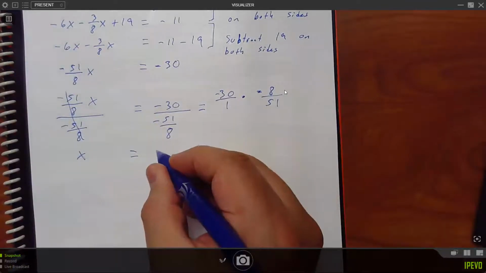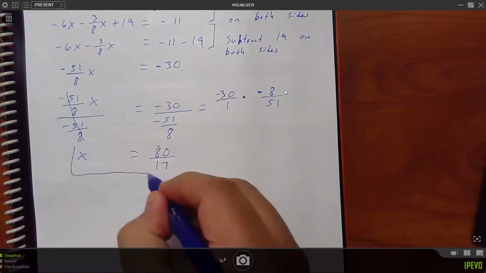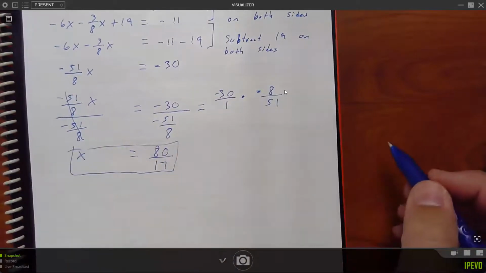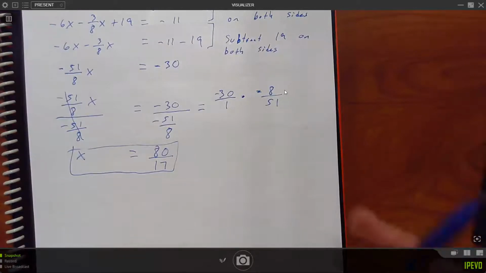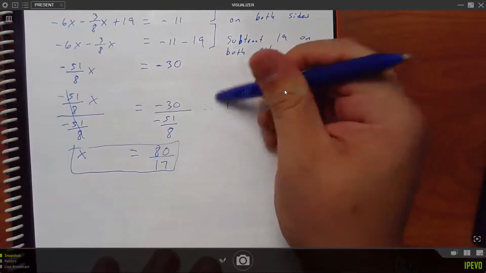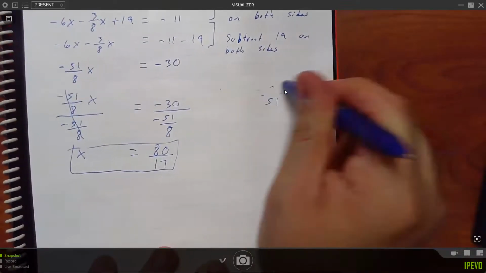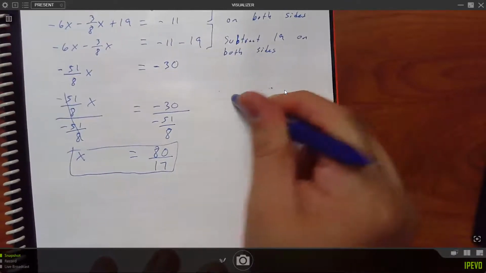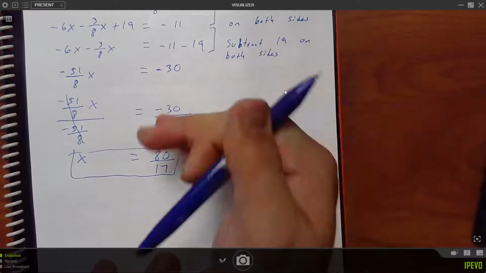So 80/17. So this will be our answer. Anyway, but that's how you would do it if you were going to do it by hand, like we showed at the beginning, you remember? Fraction review, chapter 1.